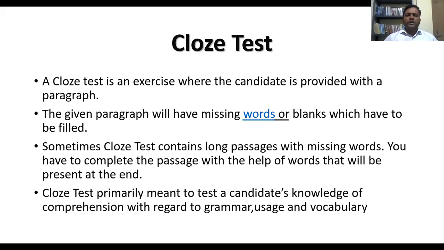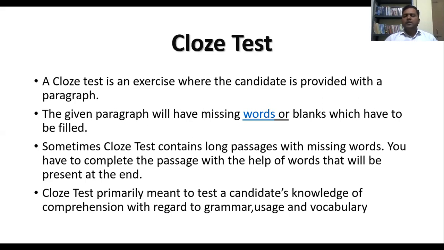So, a close test is an exercise where the candidate is provided with a paragraph. As I told you, they will give you a paragraph by removing certain words. The given paragraph will have missing words or blanks which have to be filled.